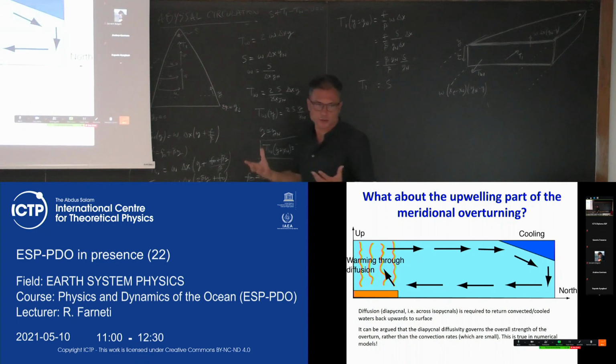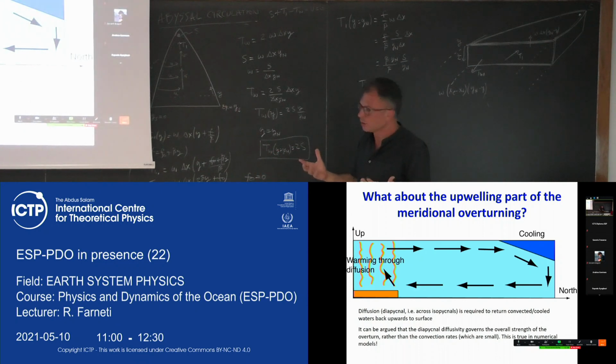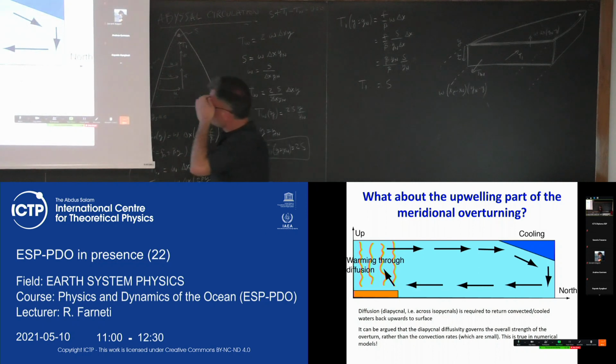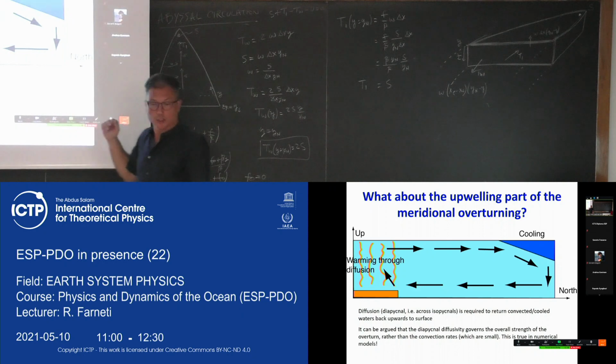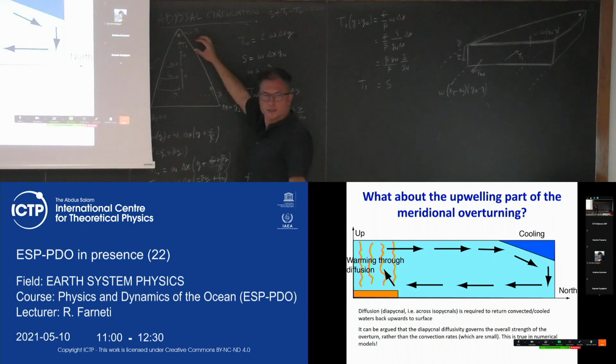I have this much vertical diffusivity in the ocean, so I upwell this much water that I will need to sink somewhere else. So vertical diffusivity can also govern the strength of your meridional overturning circulation. You produce a certain amount of water that is determined by the vertical diffusivity in the ocean.